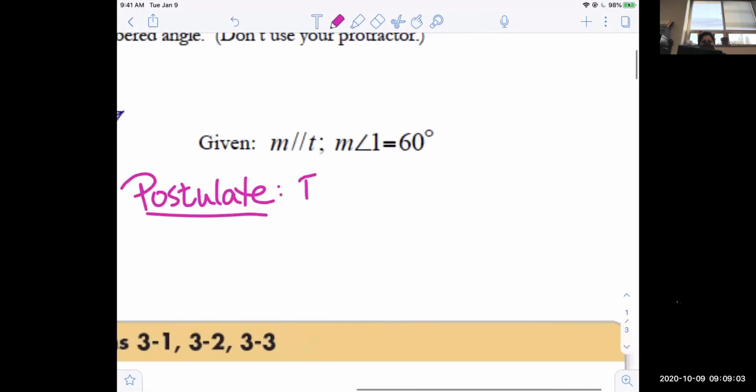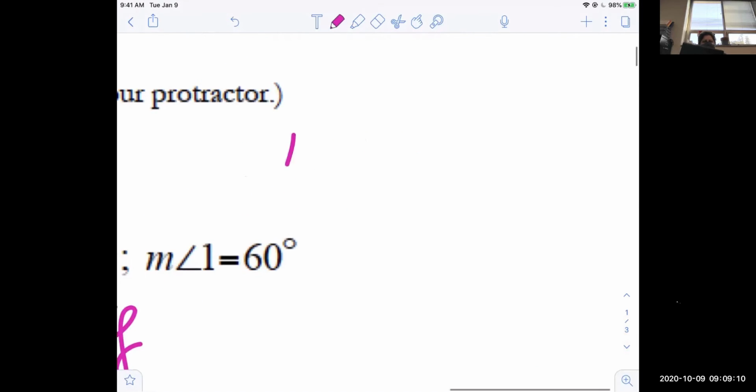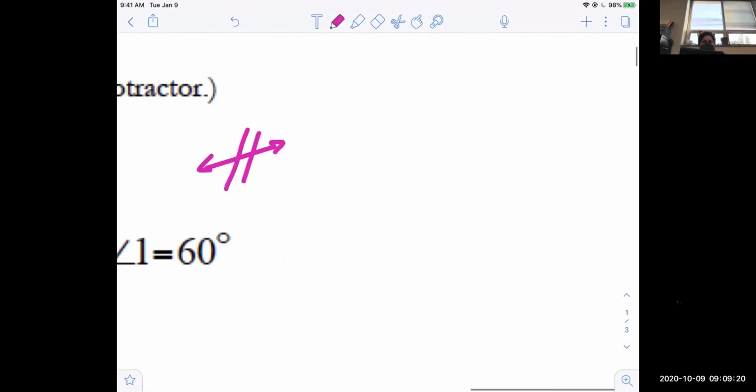I'm going to make a little symbol that means parallel lines cut by a transversal. Okay, this little symbol, because this is parallel lines, right? Like if I say L is parallel to M, that's parallel lines. And then cut by a transversal. You read that as parallel lines cut by a transversal.